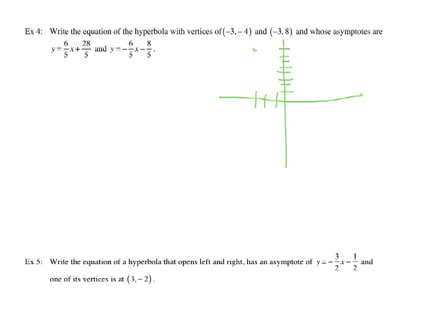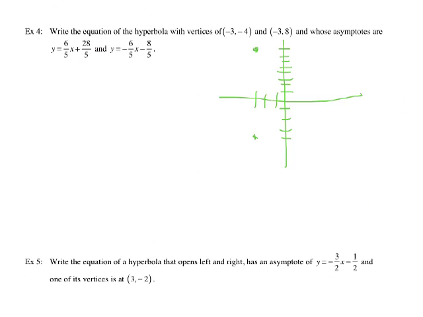So negative 3, 8, and negative 3, negative 4. This is just obviously a quick sketch. And it says whose asymptotes are y equals 6/5 x plus 28/5.